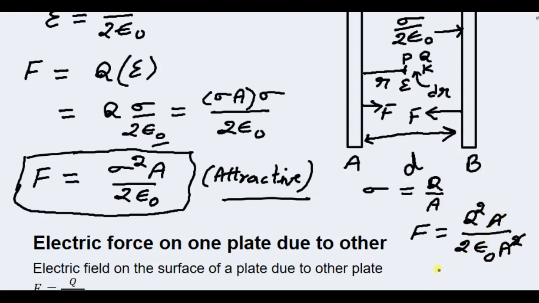On simplifying, we get F equal to Q square upon 2 epsilon naught into A.